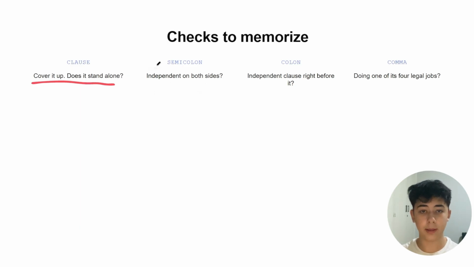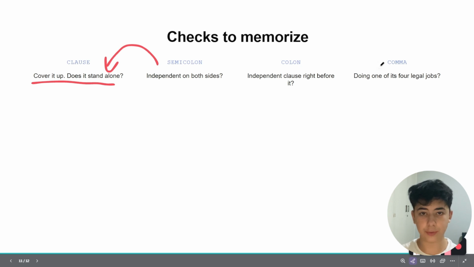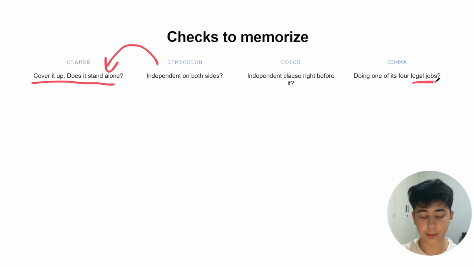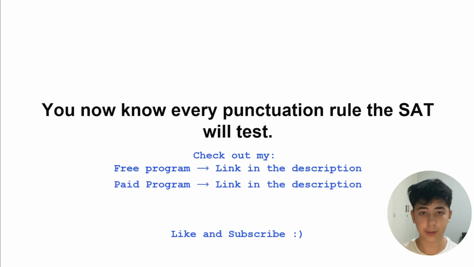And you're going to do that by using the test that we have here. As for colons, you're going to have to check whether there is an independent clause before it, and then you can actually use a colon. As for commas, you're going to check whether it's doing one of its four jobs. So that's really the whole punctuation mark system for the SAT. You have four punctuation marks, and each one of the punctuation marks has its own job, its own system that it has to follow.